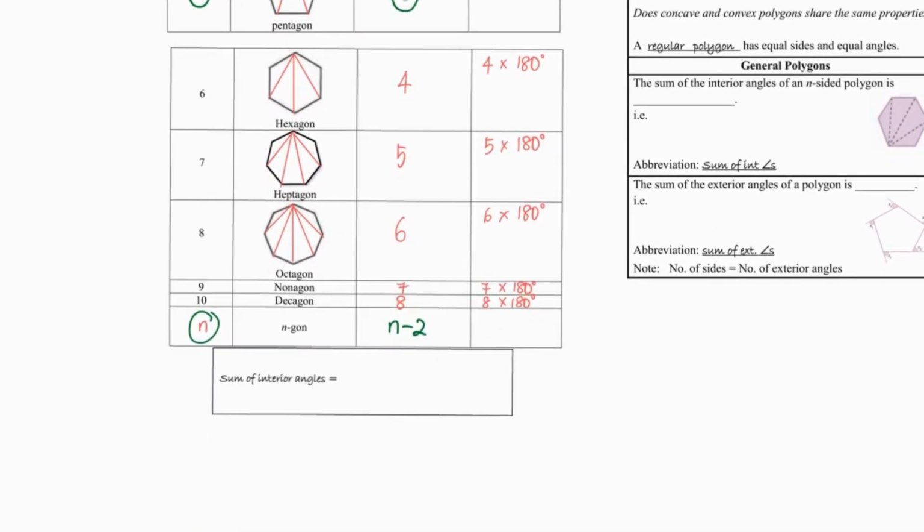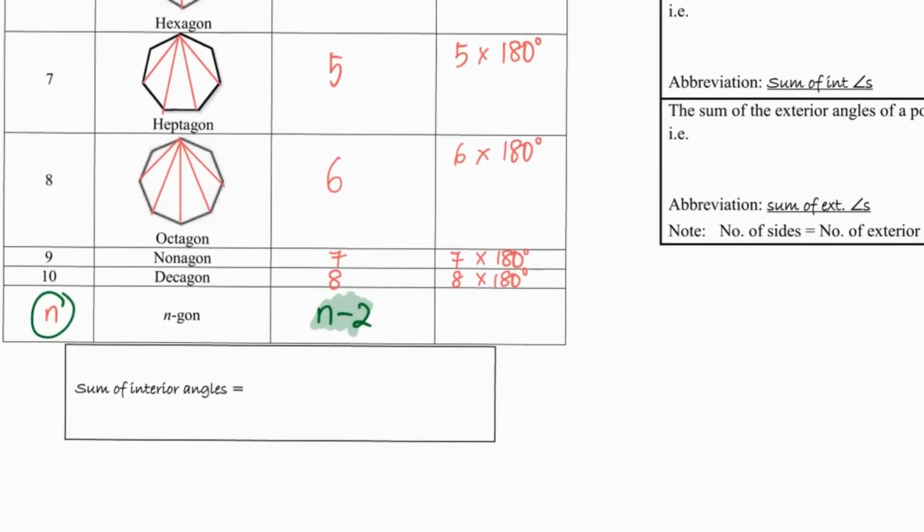So if it is going to be n minus 2, this one will be n minus 2 times, must bracket, 180 degrees. So that's how we get this particular formula. n minus 2 times 180 degrees.